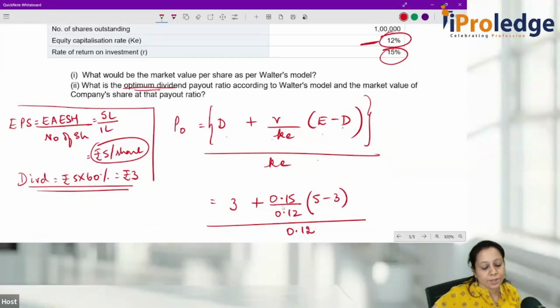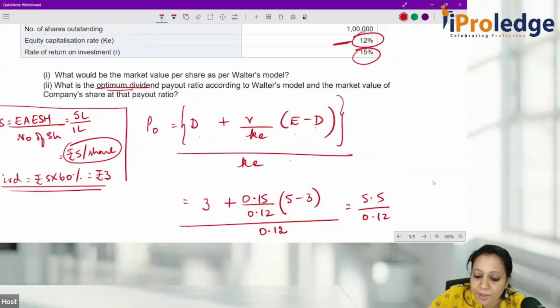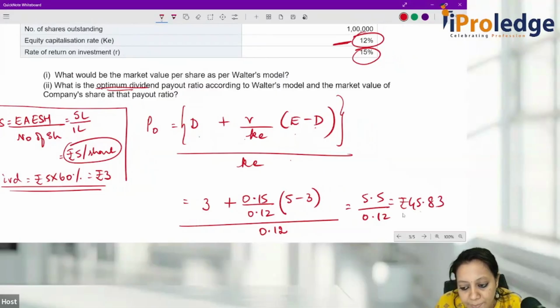So now first let us do the numerator, and numerator separately we'll calculate, then we'll do the whole fraction. 3 plus 0.15 divided by 0.12 into 2, that is 2.5. So we will get 5.5 in the numerator divided by 0.12. 5.5 divided by 0.12, we are getting 45.83. That is the price of the share, rupees 45.83.